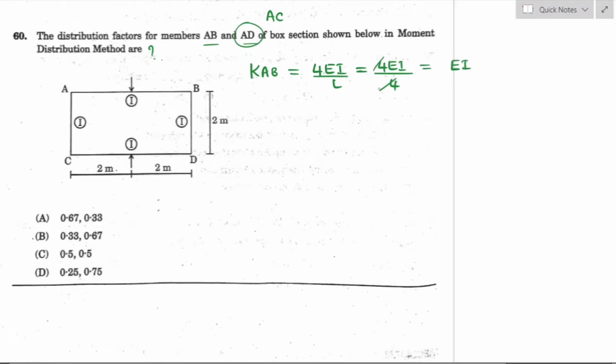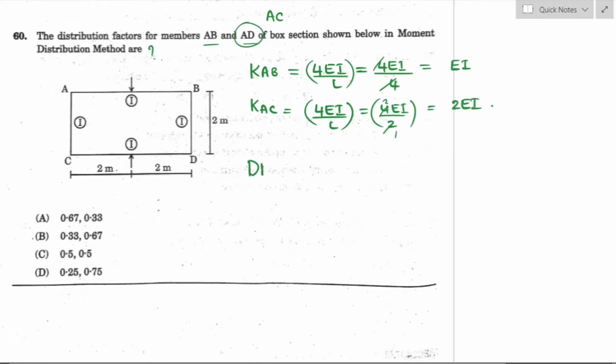EI. Similarly, for stiffness of member AC, when the far end is fixed, it is 4EI by L. For member AC, the length is 2 meter, so 2 ones are 2, twos are 2, therefore stiffness will be 2EI.